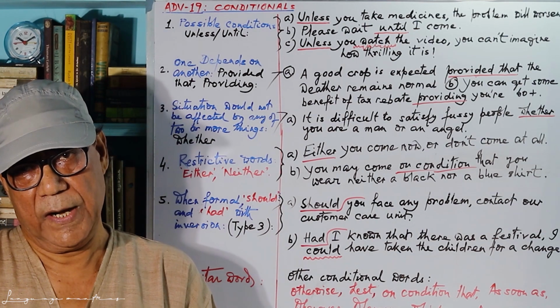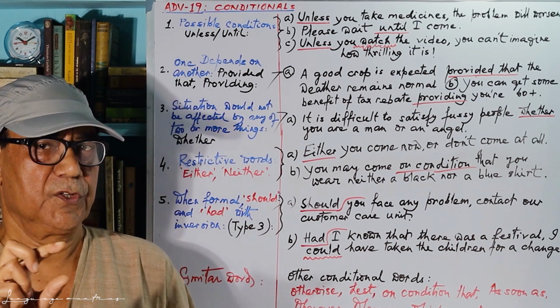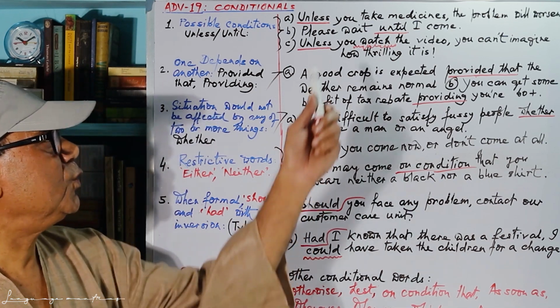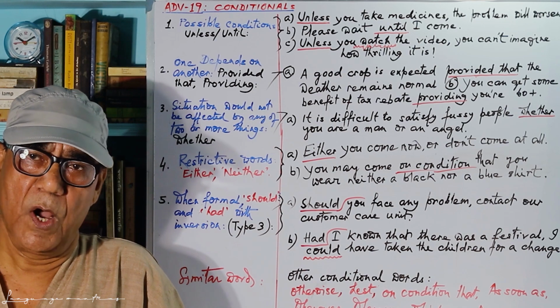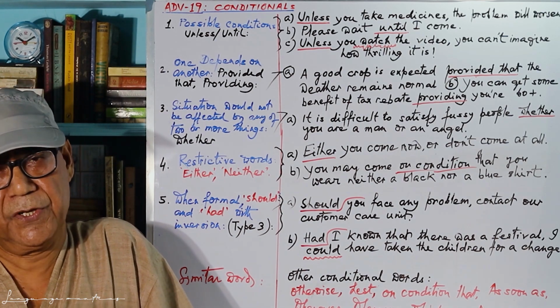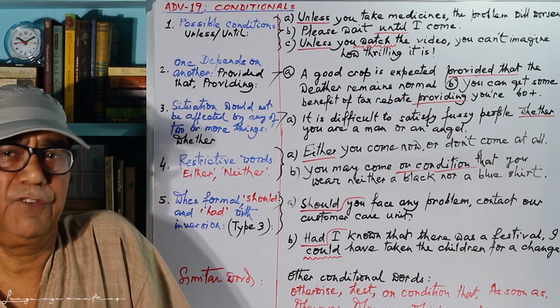While discussing if clauses, we discussed 4 types: type 0, type 1, type 2 and type 3. This one looks very much like type 1 because the first part is in the simple present tense, and the second part, the main clause, is in the future tense.